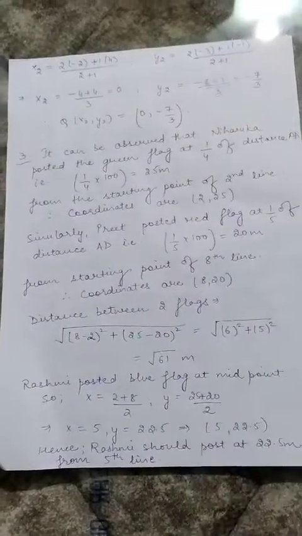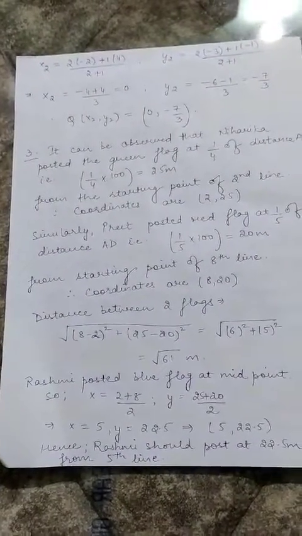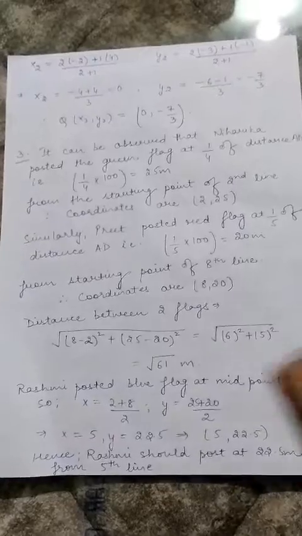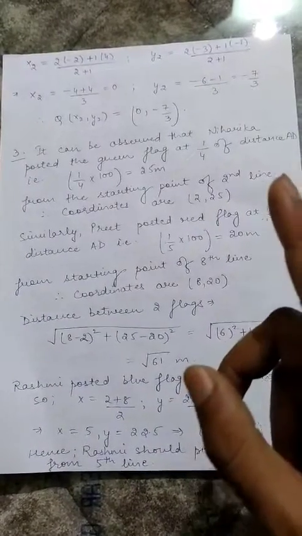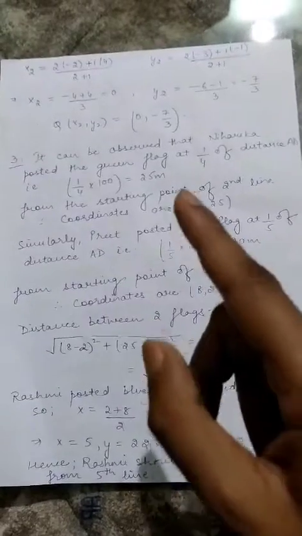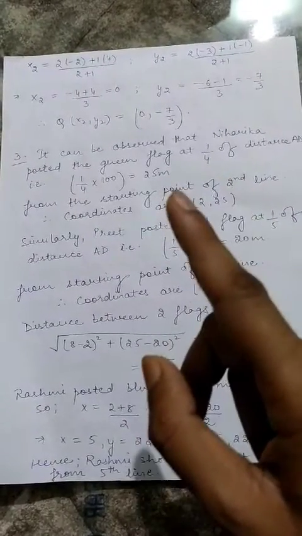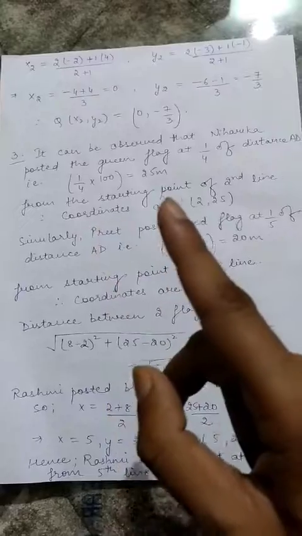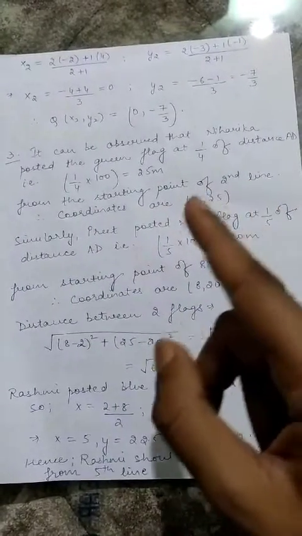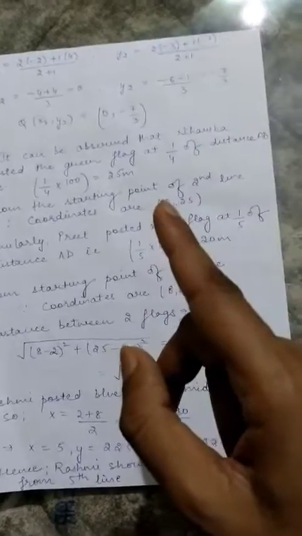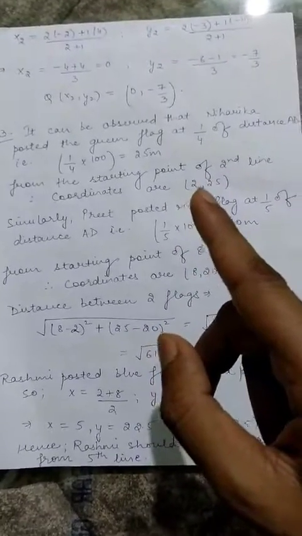For the third question, it can be observed that Niharika posted the green flag at 1/4 of the distance of AD. Since the distance AD is 100, the distance which Niharika covered is 25 meters from the starting point of the second line.